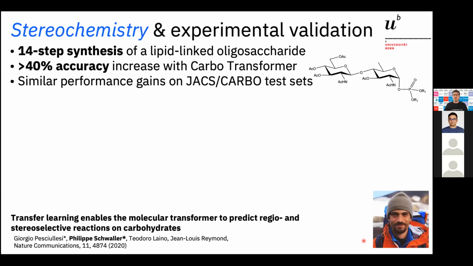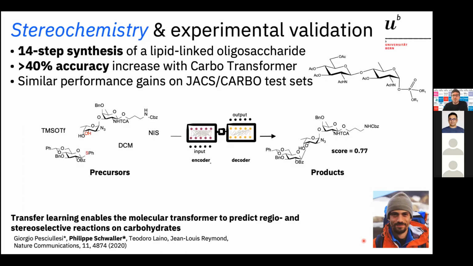Across all the different test sets that we had, we observed huge accuracy increases. And by an accurate prediction, I really mean that every single token of the product molecule corresponded to what was reported in the literature. An example from the JAX test set is this glycosylation reaction here.